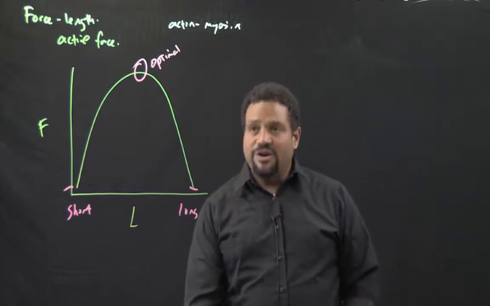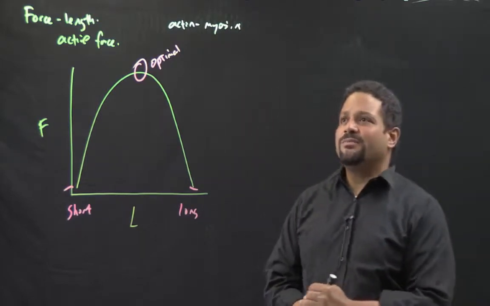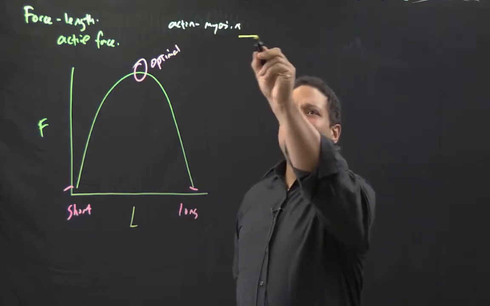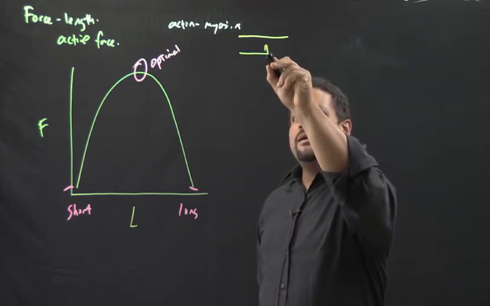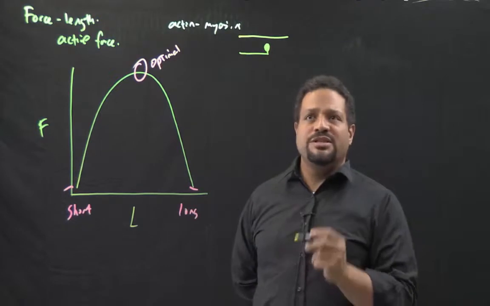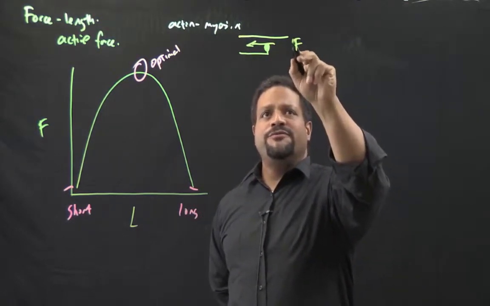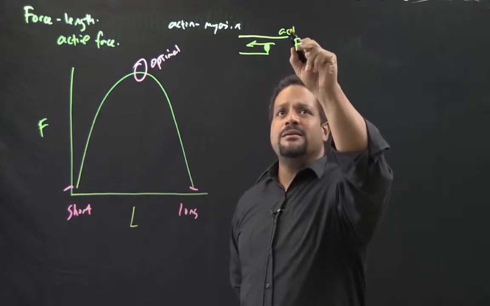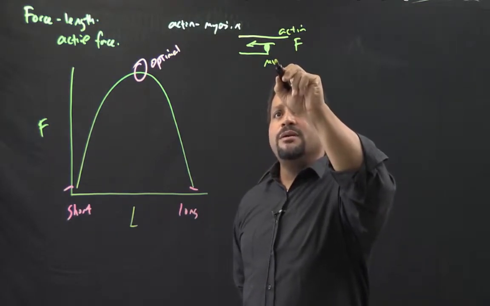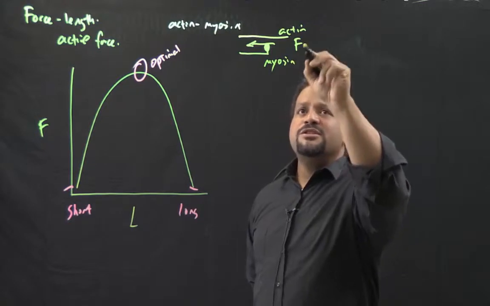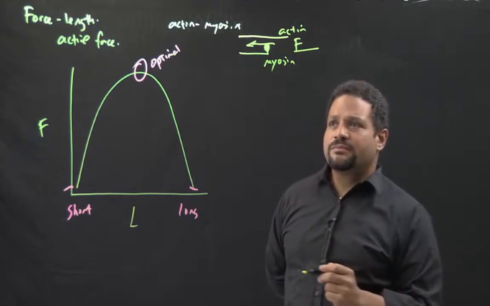As I mentioned, you've got the actin interacting with the myosin. So you have actin here, you've got myosin here. They interact with each other and pull to generate a force. So this actin is pulled upon by the myosin, generating force.